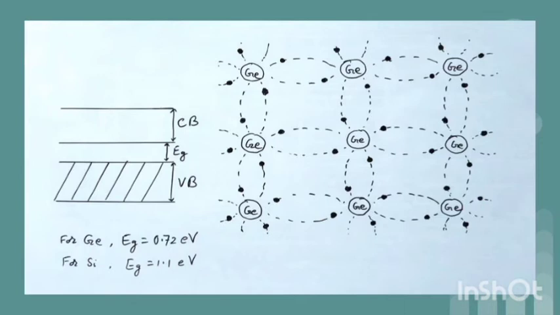The crystal of silicon or germanium have 4 valence electrons. You can see in the diagram of a structure of germanium crystal in which every atom of germanium shares one of its 4 valence electrons with each of its 4 nearest neighboring atoms to form covalent bond or valence bond.